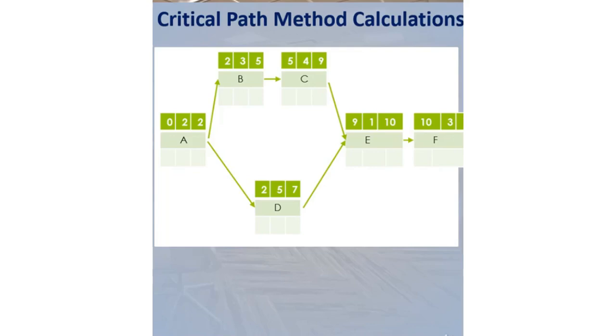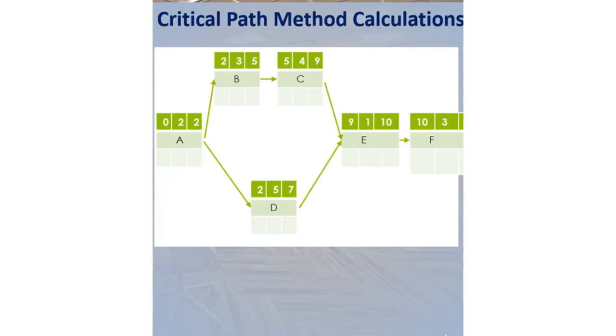Now, it is time to do the backward pass calculations. Since the last task is F, we are writing EF value of F as its LF value. The LF value of F is 13. If we subtract the duration of F from this value, we can obtain the LS value of F. Therefore, the LS value of F will be 13 minus 3, which equals 10.